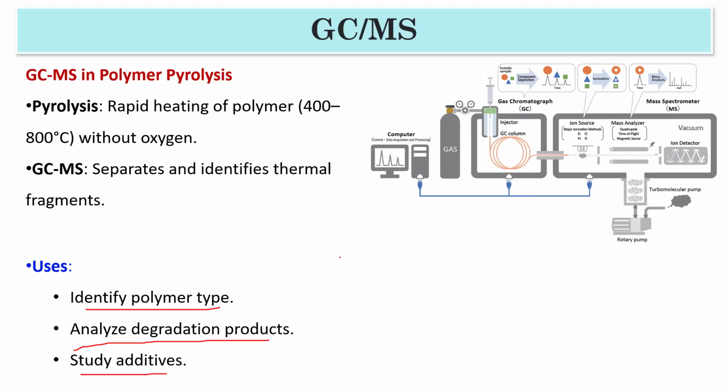If you want to know how much is present, you can do GC-MS with polymer pyrolysis. In the mass spectrometer you may get additive peaks for your sample, and then you will know that your molecule was not pure.